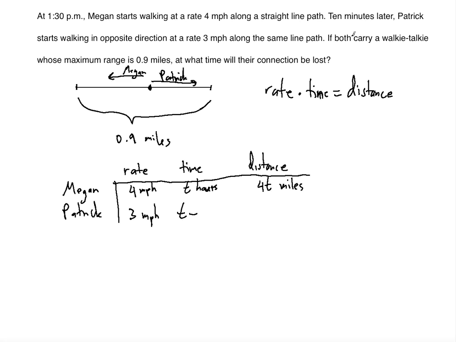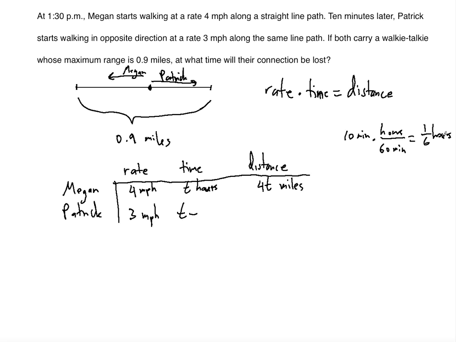Now 10 minutes converted to hours will be 10 multiplied by 1 over 60, right? 1 hour over 60 minutes. So let me write it here. 10 minutes converted to hours will be 1 hour over 60 minutes. So that will be 10 over 60, which is 1 over 6 hours.